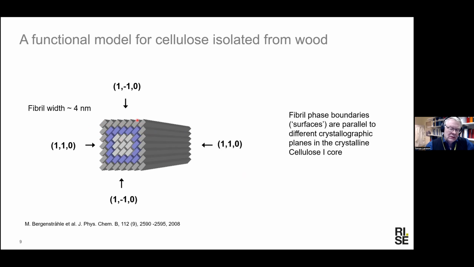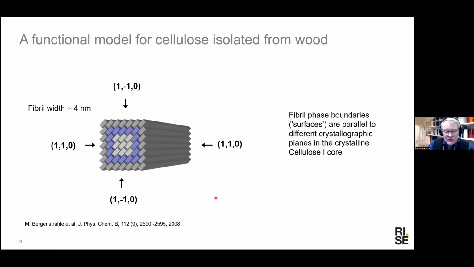It's not exactly, but roughly square cross section. And it has two pairs of phase boundaries. You have surface polymers that reside on top of a crystallographic plane that's indexed as 1, -1, 0. And then you have another pair of surfaces that are surface polymers that reside on top of another plane that's indexed as 1, 1, 0.